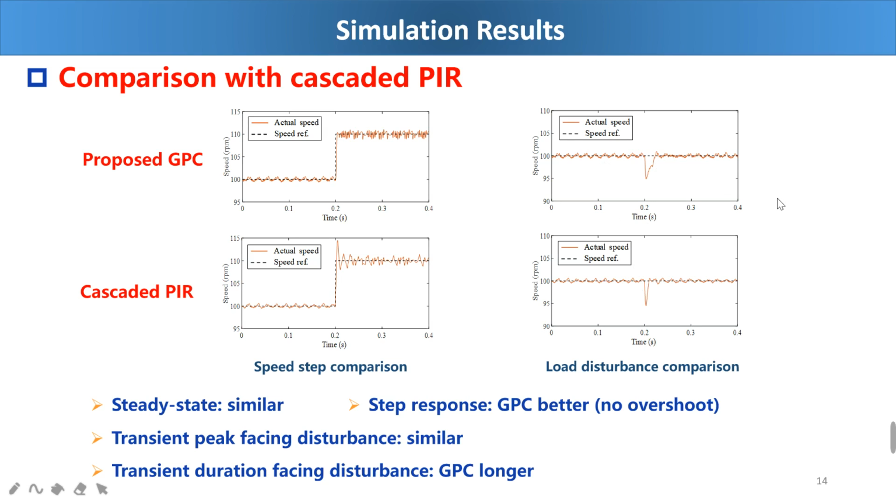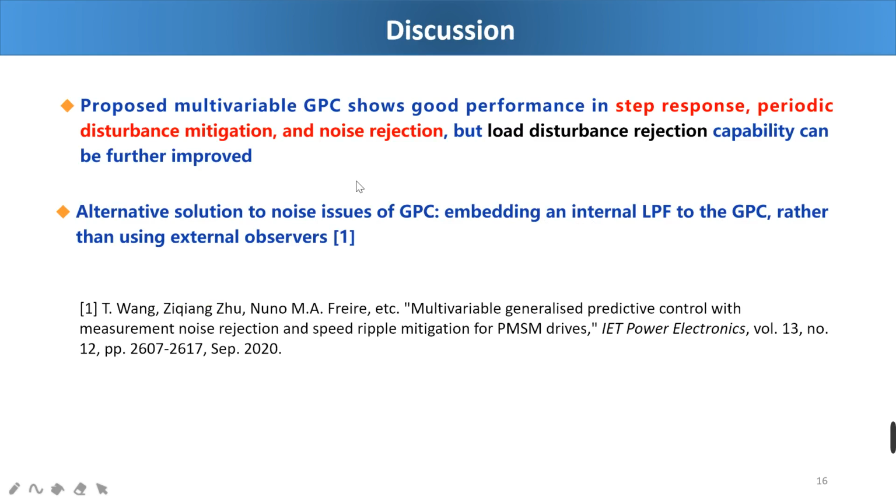So we can have the following conclusions. Firstly, the proposed multivariable GPC shows good performance in step response, periodic disturbance mitigation, and noise rejection. But the load disturbance rejection capability can be further improved, so it is worse than the cascaded PIR.